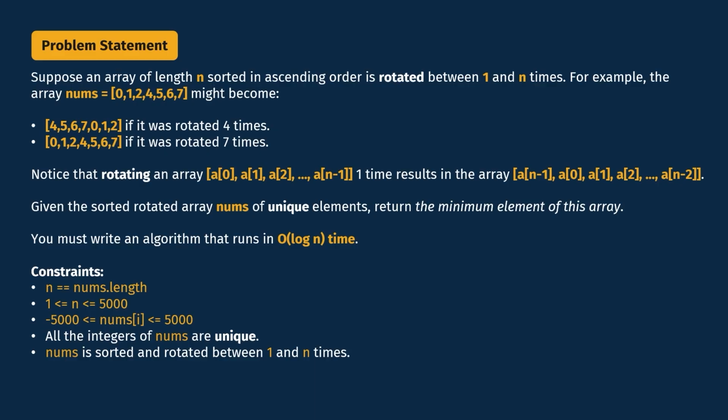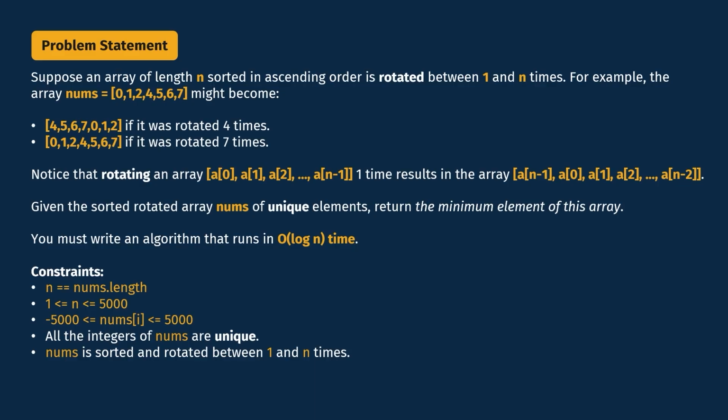If it was rotated 4 times, it might become 4, 5, 6, 7, 0, 1, 2. Notice how the last 4 elements moved to the front. On the other hand, if it was rotated 7 times, which is effectively the same as rotating it 0 times, since the array has 7 elements, then it would remain 0, 1, 2, 4, 5, 6, 7.